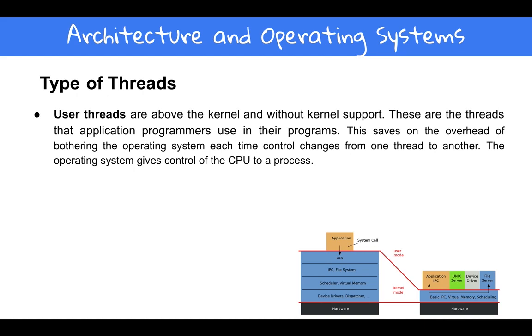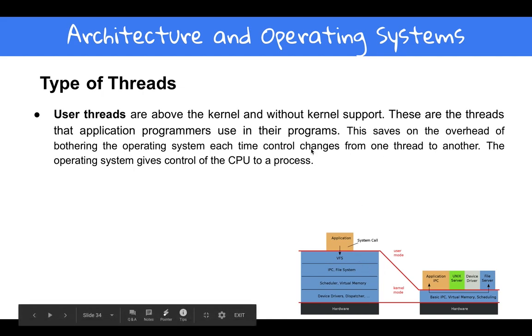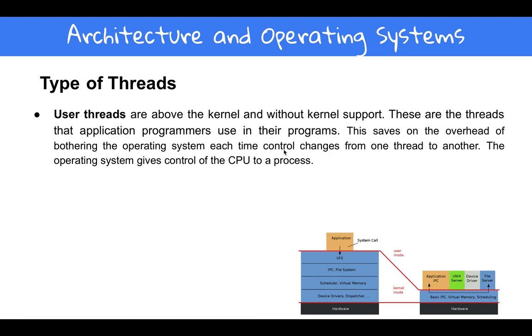So when they run the program, the operating system doesn't do this switching between the threads. The programmer has done that, and this saves the overhead in the operating system each time control changes from one thread to another.